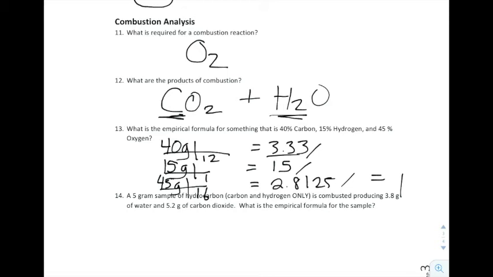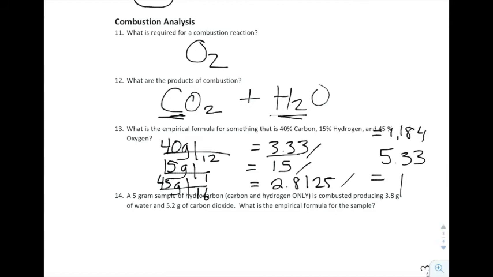When I take 15 and divide it by 2.8125, I get 5.33. And then finally when I take 3.33 and divide by 2.8125, I get 1.184.